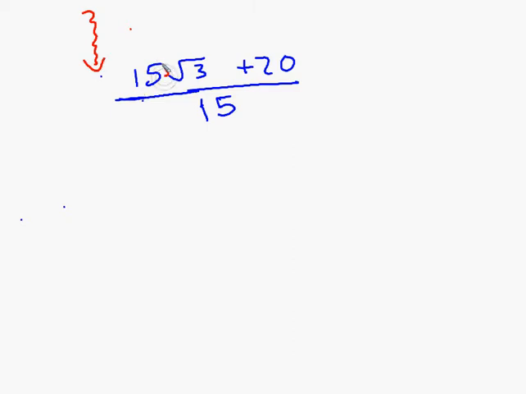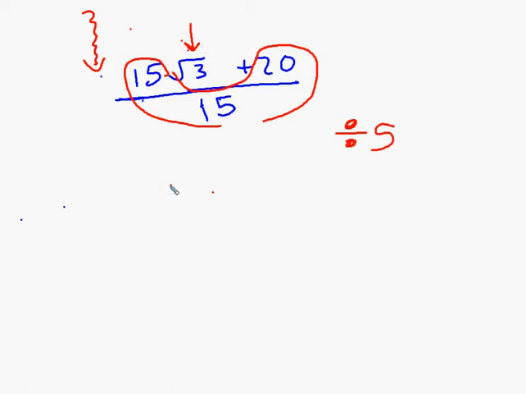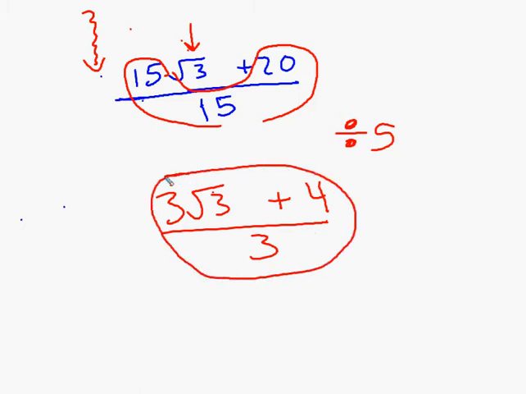What I need to do is look at these 3 things that I'm circling. Do you notice something I could divide all of them by? 5. I have to divide all of them by 5, but not including the radicals. So 15 divided by 5 is 3, 20 divided by 5 is 4, and 15 divided by 5 is 3. Now this is the right answer.